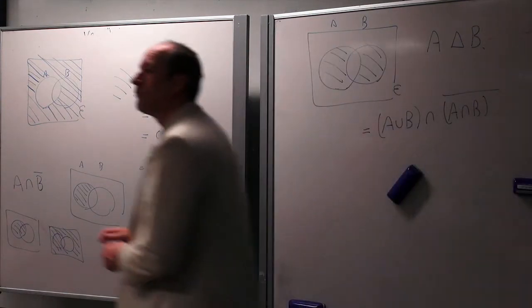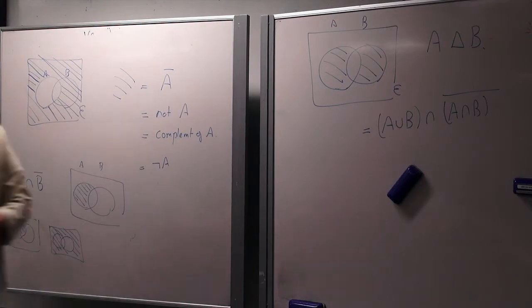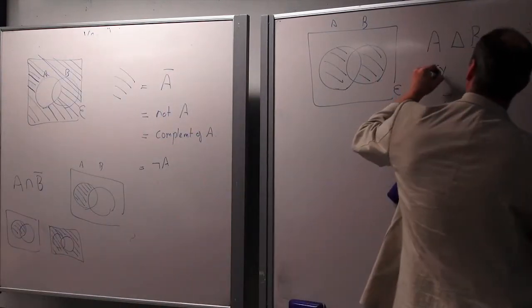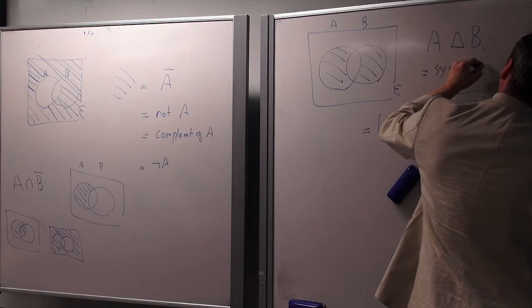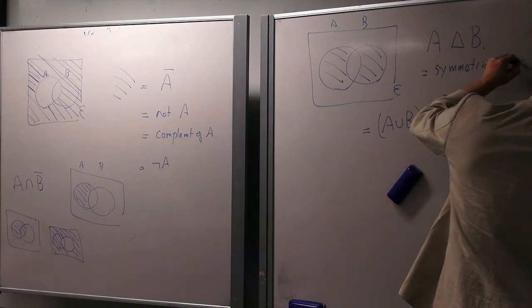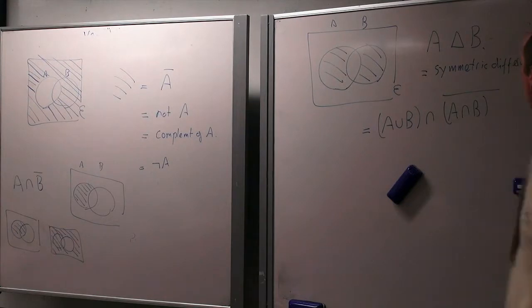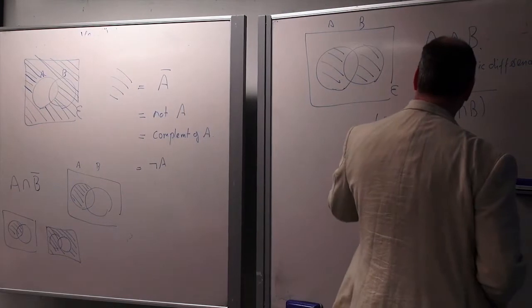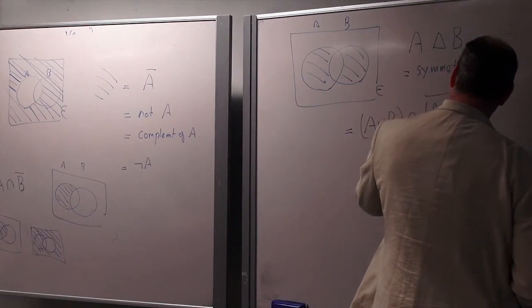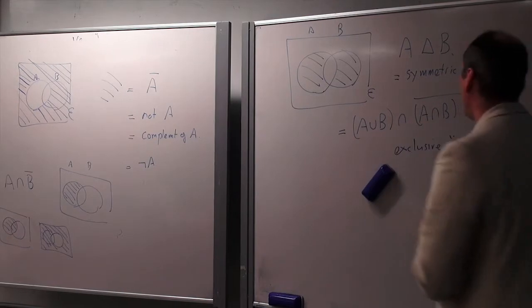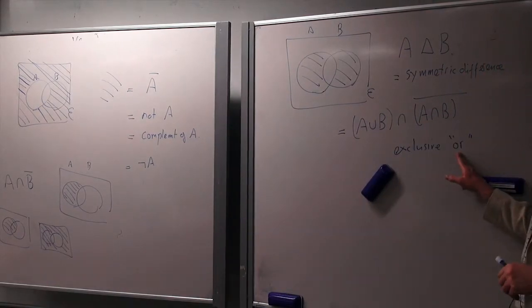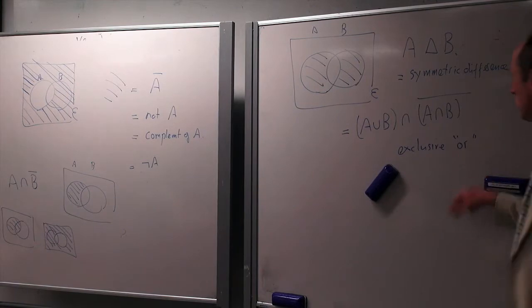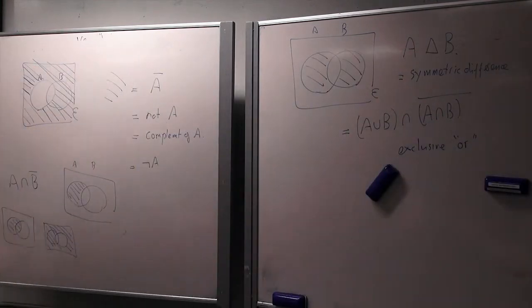That's the symmetric difference of A and B. Or sometimes you call it exclusive OR, because you say you can go to the beach or go to the park, but not both. And of course, my kids have got me wrapped around their little finger, so I've got to be very clear in terms of set theoretic notation when I'm offering them something.